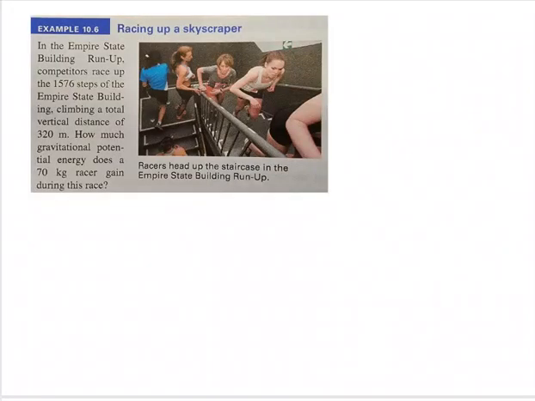So in this example, people are running up the 1,576 steps in the Empire State Building. And I don't know what floor they're on, but they look like they're in pain. So probably we're a ways up at this point. Climbing a total vertical distance of 320 meters. How much gravitational potential energy does a 70 kilogram racer gain during this race?